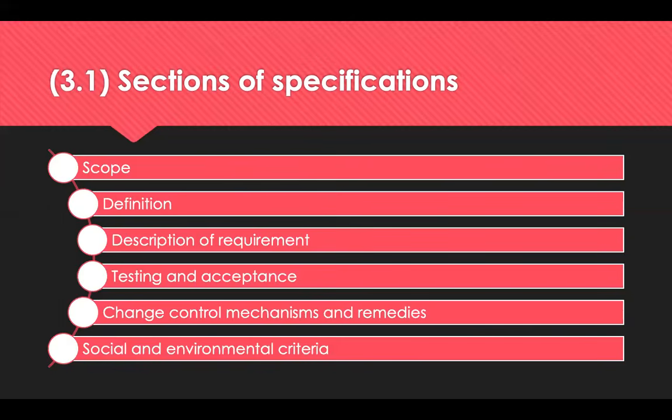When drawing up a specification, a definition for a through life specification is to produce something known as a user requirements document. You ask open-ended questions like, what is this product or service for? Who will be the users of that product or service? And what problem will this solution solve?